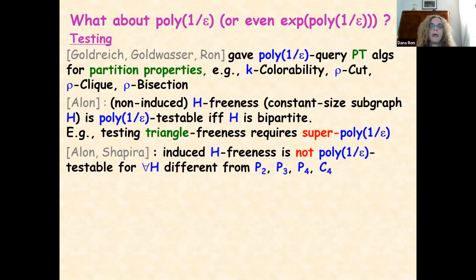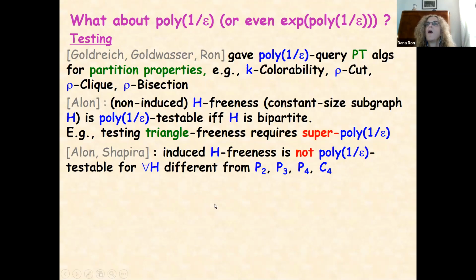Okay. Now, I said that Alon talked about non-induced H-freeness. And with Shapiro, they worked on induced H-freeness. Here they showed that induced H-freeness is not poly 1 over epsilon testable for every H with very few exceptions. In the non-induced case, you have a dichotomy, some you have, some you don't.